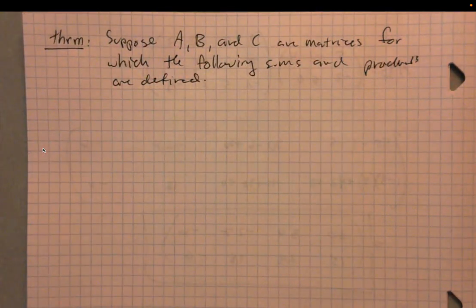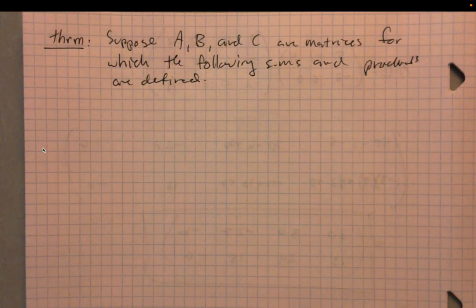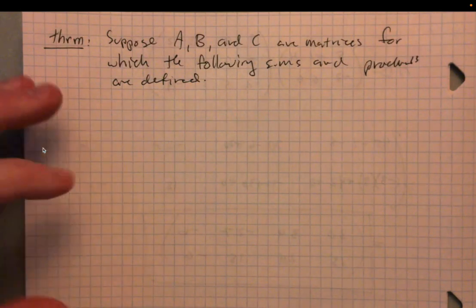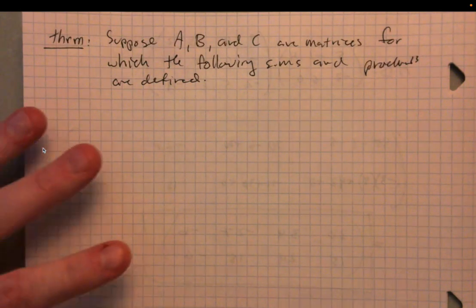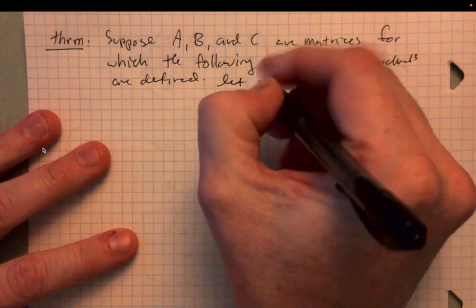Okay, so we're not going to worry about dimensions right now. We're just going to assume for the items that follow that A, B, and C have the requisite dimensions. We're assuming that the sums and products are defined, and obviously that's a consideration you'll have to take into account. Okay, and if that's the case, let's also let C be a real number.